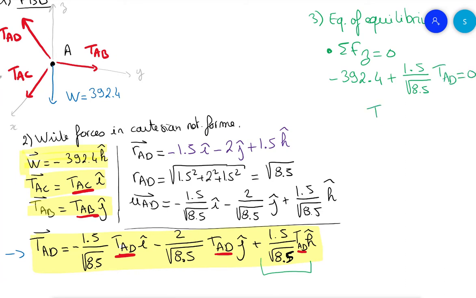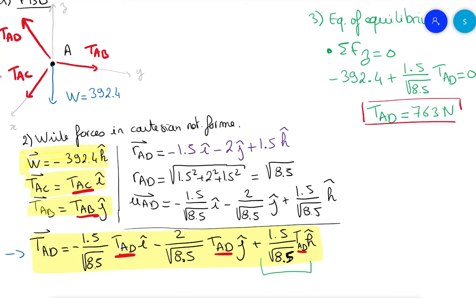And we can solve for TAD. So TAD is 392.4 times the square root of 8.5 divided by 1.5. This is 763 Newton. That's for TAD, one tension.